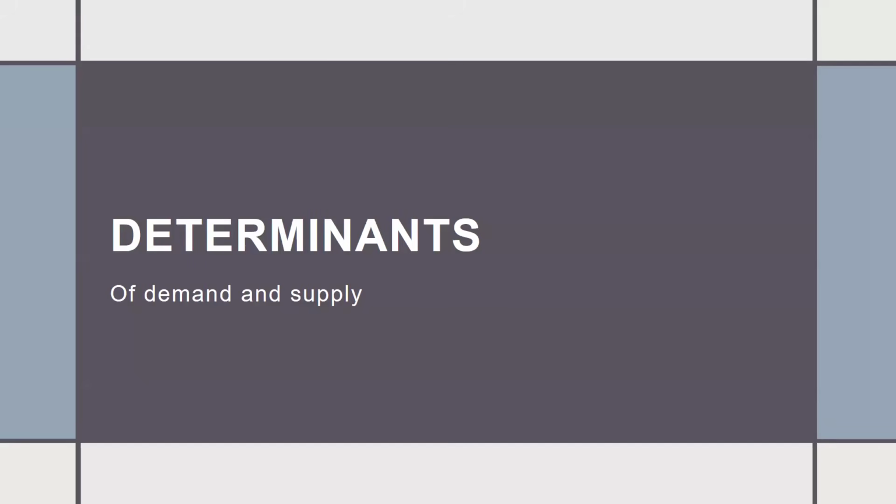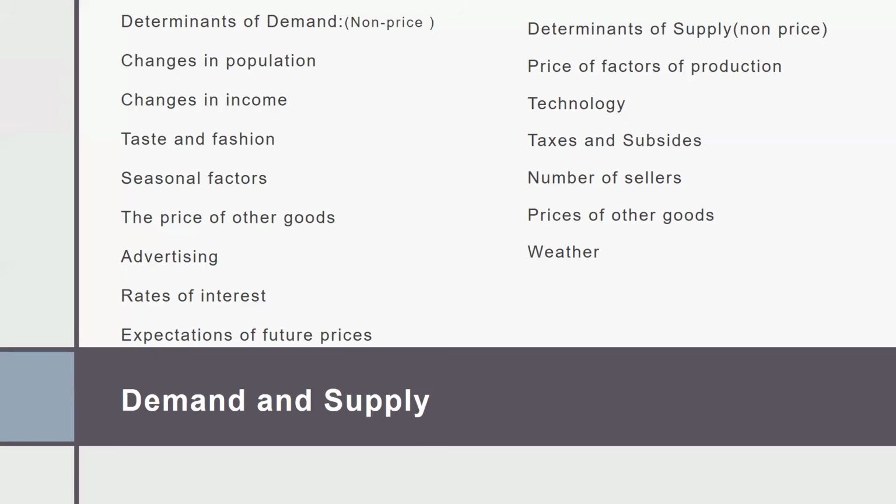Now let's look at the things that affect demand. The things that will determine how much demand a customer or consumer may have. We call them determinants of demand, and determinants of supply. We should already be kind of accustomed to the determinants of demand.